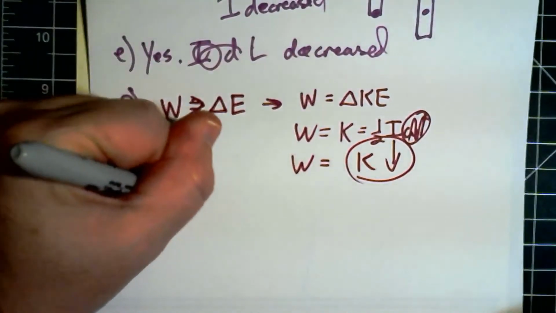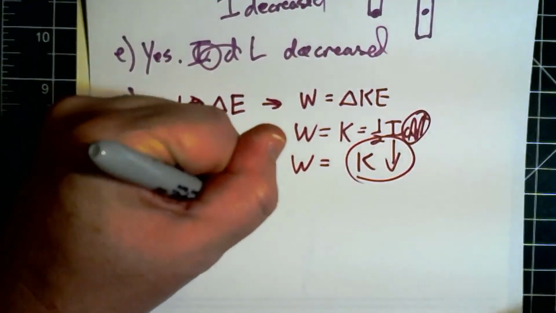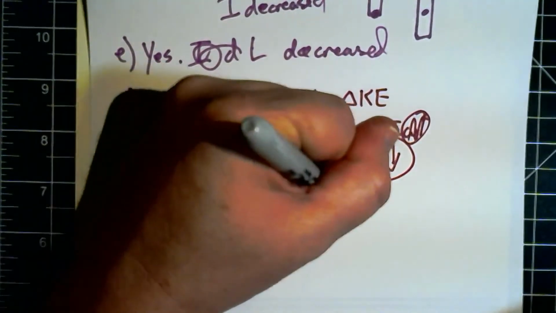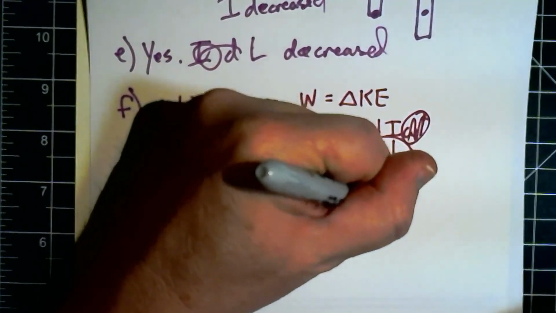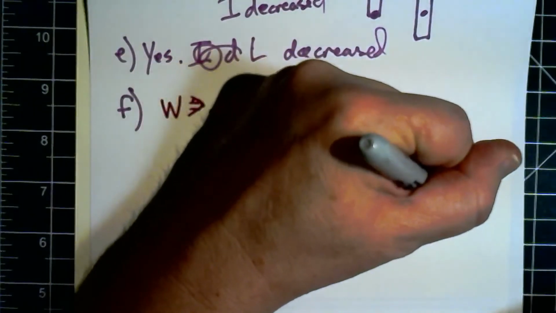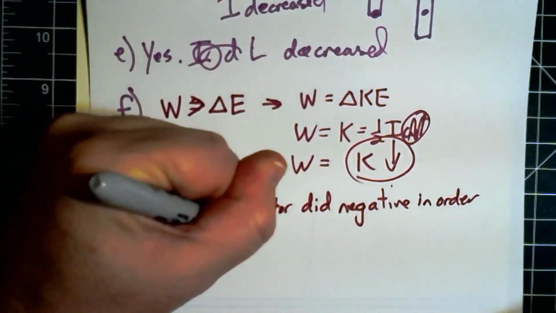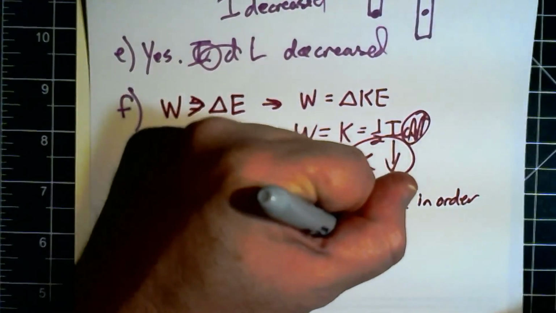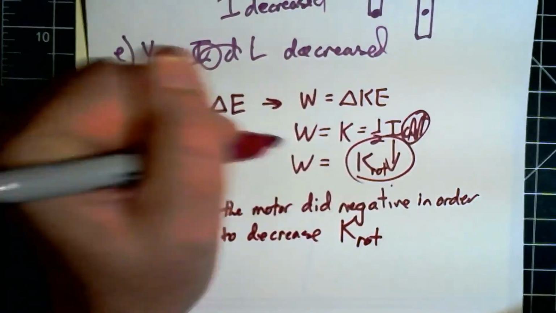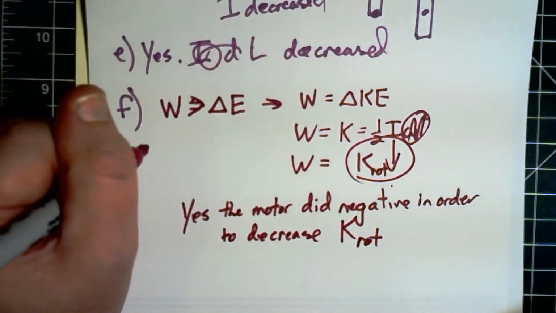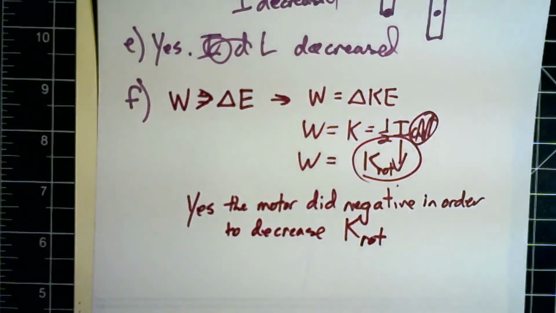So that means that yes, the motor did negative work in order to decrease K rotational. So the work is a negative work. You're decreasing the overall energy.